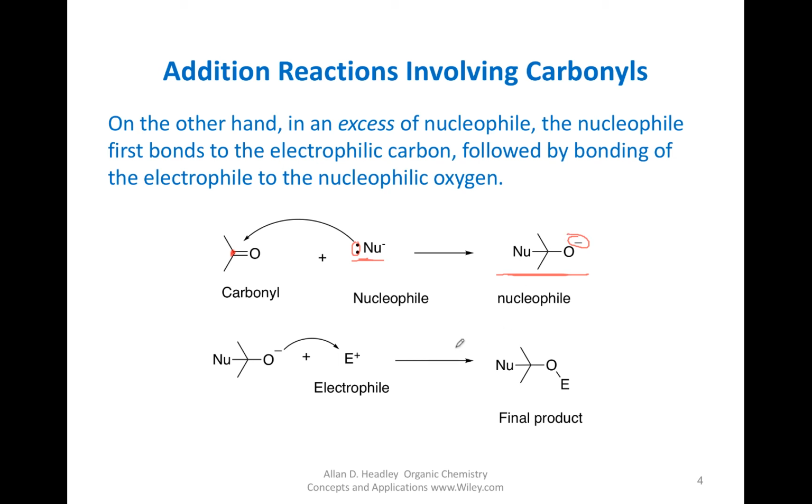Next, the E plus, which is in a concentration a little less than the nucleophile, will add to the oxygen, which is negative, to form the product. Notice it's the same product, but the mechanism is different based on the excess of electrophile, E plus, H plus, or nucleophile, the negative.